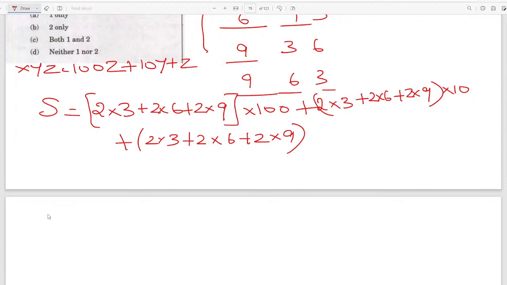So this would be 3 2s are 6 plus 12 plus 18.